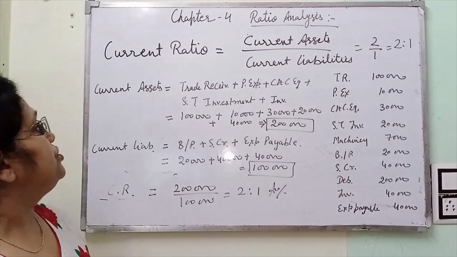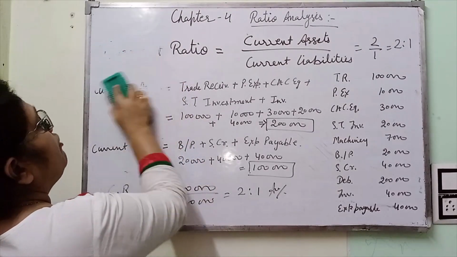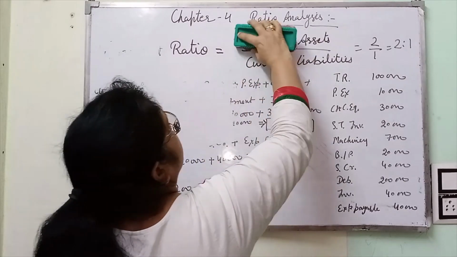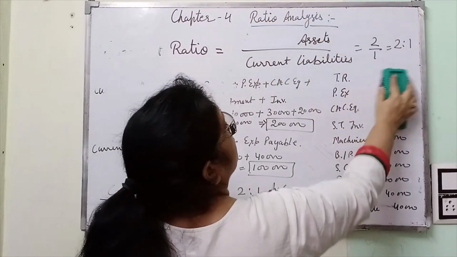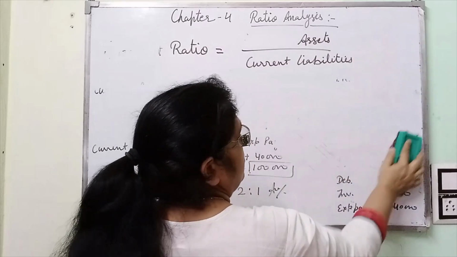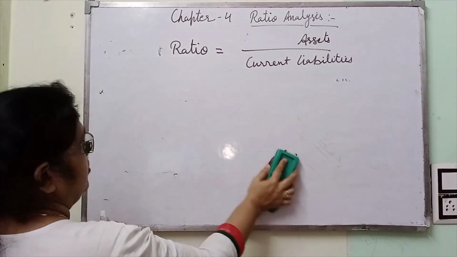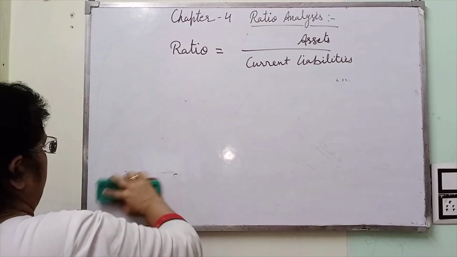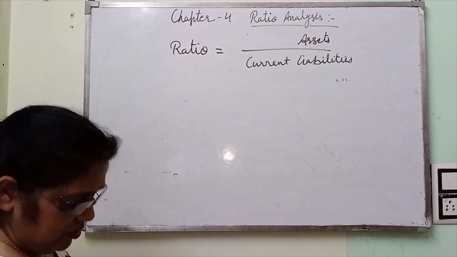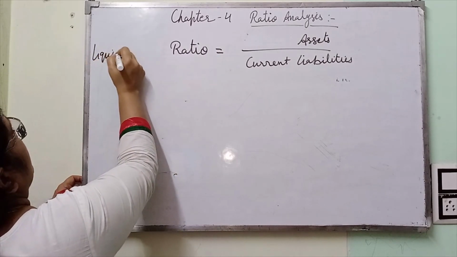After this, the second ratio under liquidity ratio is liquid ratio. The second ratio is liquid ratio.